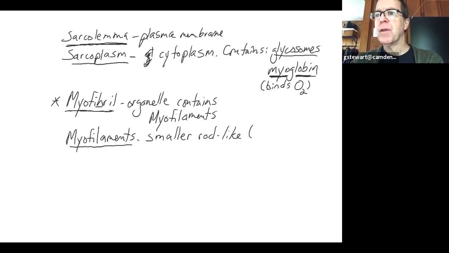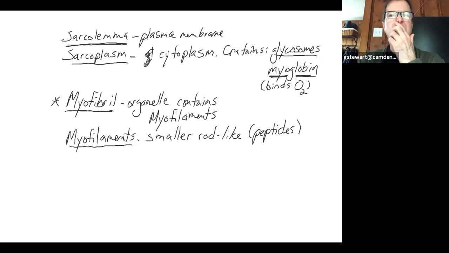And they're peptides is what they are. That just means a long chain of amino acids. But they're smaller rod-like structures inside of the myofibrils. And there's 3 different types of myofilaments.